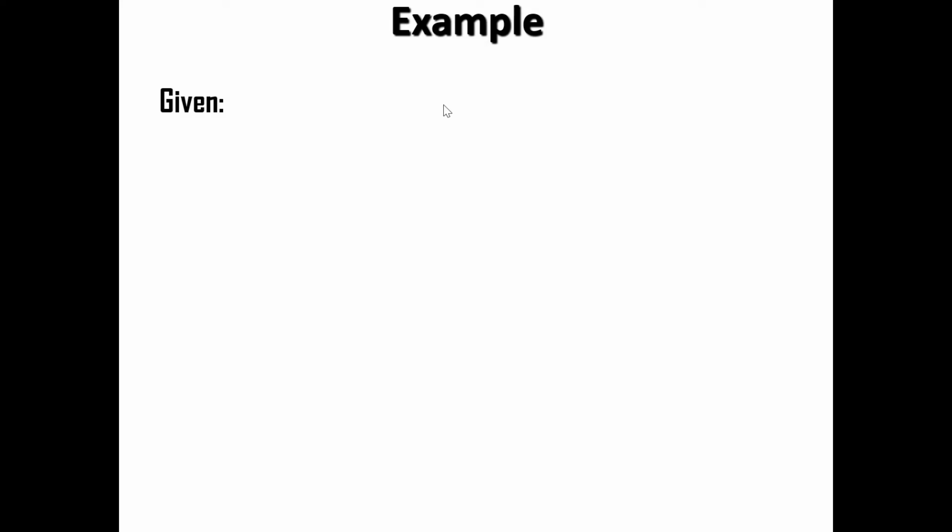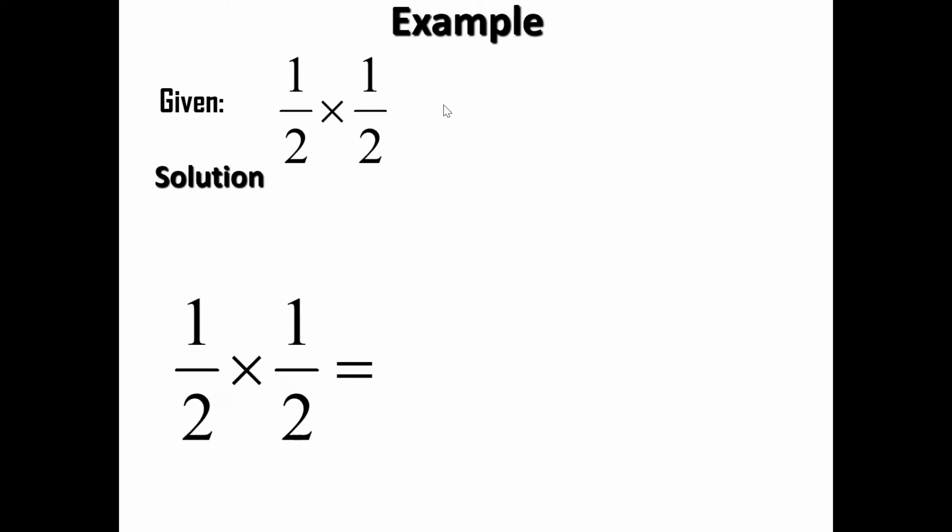Example, so given 1/2 times 1/2. So solution, 1/2 times 1/2, gaya ng nakalagay dun sa procedure o sa rule ng multiplication ng rational number, we need to multiply the numerator to numerator and denominator by denominator.